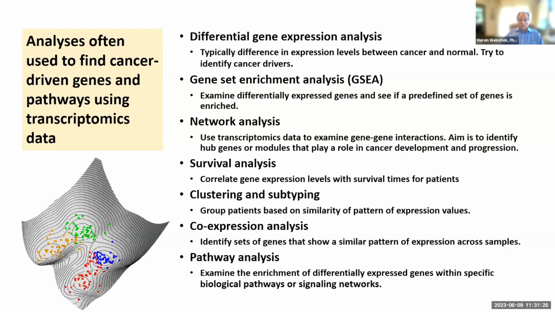Analyses that are often used, and you heard them talked about, to find cancer-driven genes and pathways using transcriptomics data include differential gene expression analysis. You try to identify important genes by saying their expression levels are elevated over what they are in normal tissues. The only problem with this is we rarely have samples of truly normal tissue.